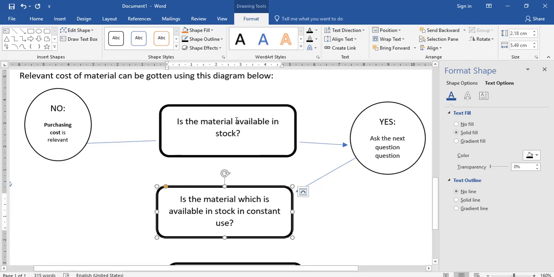So the first question's emphasis is on availability. The second one is on the constancy in use.